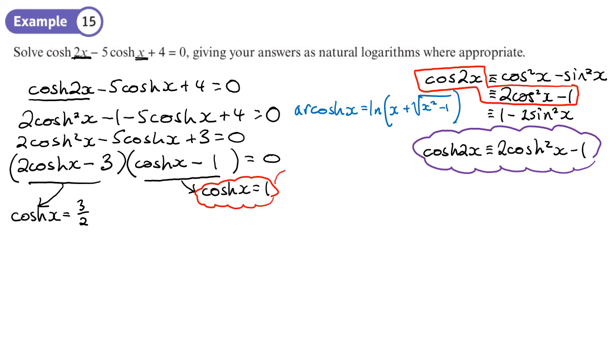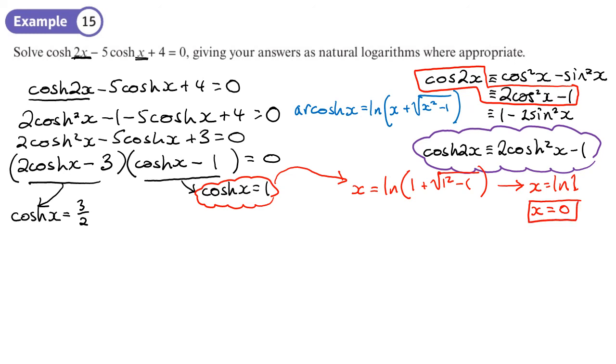So x equals log of 1 plus the square root of 1 squared minus 1. Well, that just gives us x equals log 1, and log 1 is 0. You can check it on your calculator. So x equals 0 is one solution.